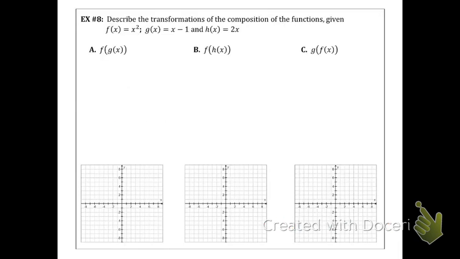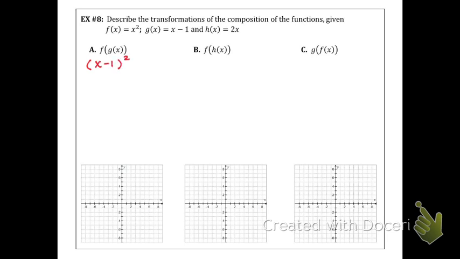All right, then example 8 says describe the transformation of the composition of the functions given. So f of x equals x squared, g of x equals x minus 1, and h of x equals 2x. So for A, f of g of x, so f is my skeleton, and g of x we're going to plug in.